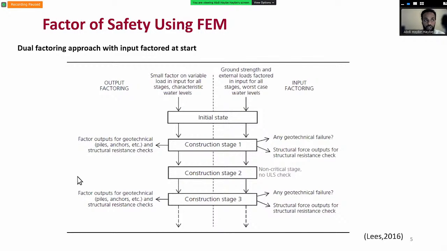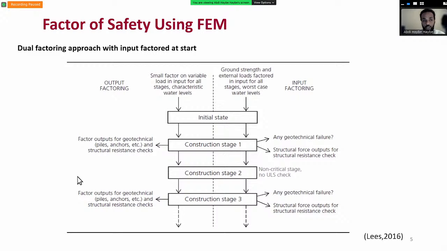There are two types of factoring using both approaches, or dual factoring. One would be factoring the input from the initial state, and that factor will later be taken into each stage of the construction.